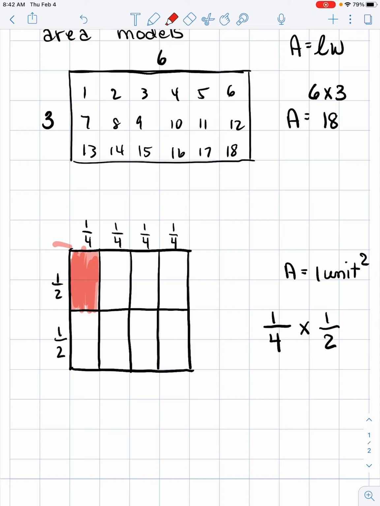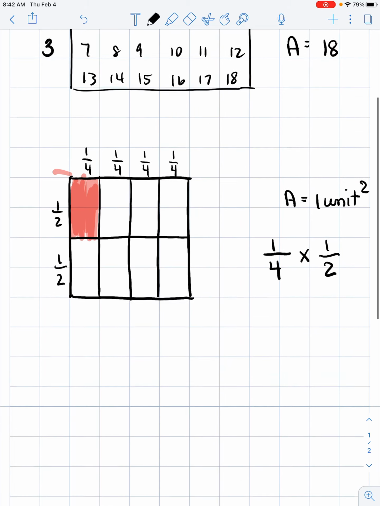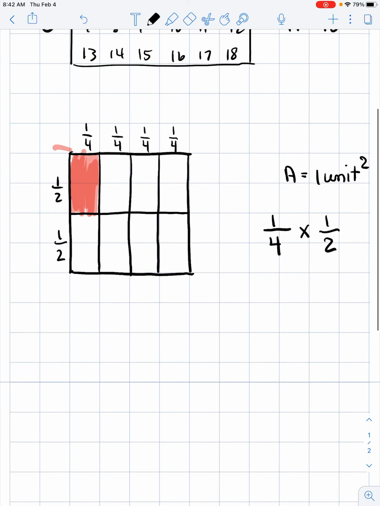And I want to figure out what is the area of that little piece. Now I know that the area is going to be less than 1 because this whole square has an area of 1. So how do I figure out what the area is?